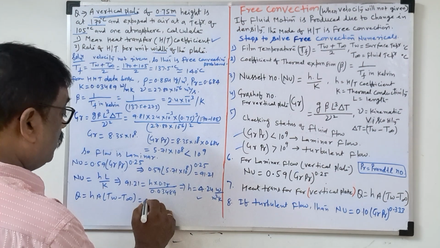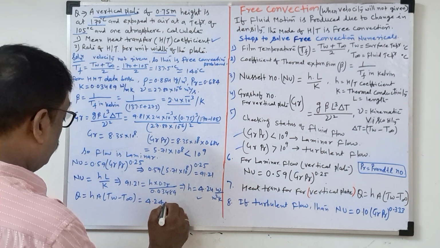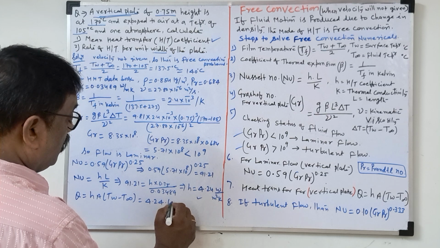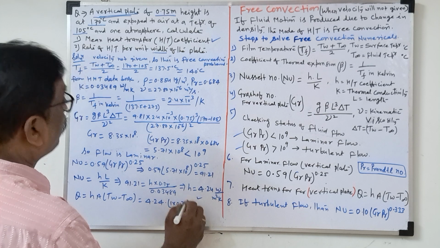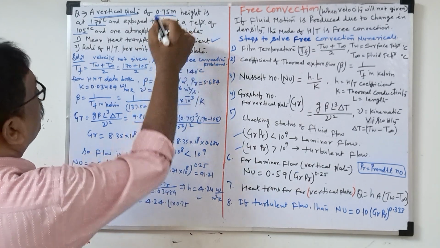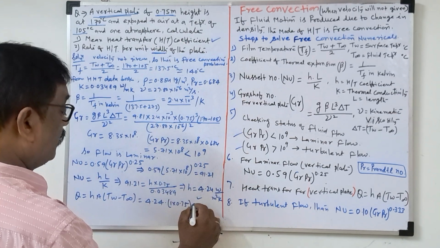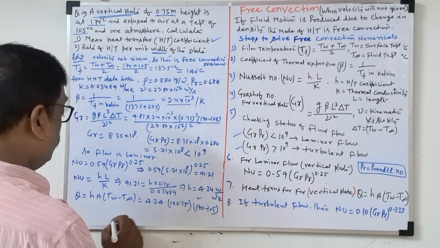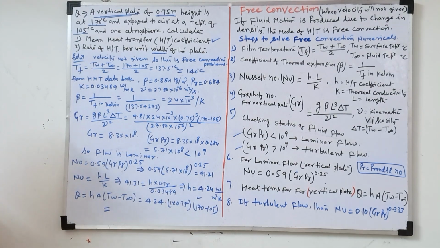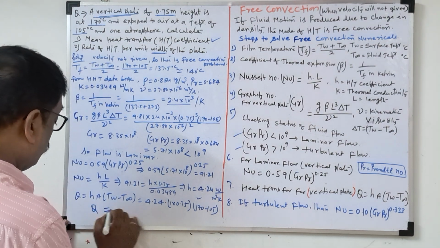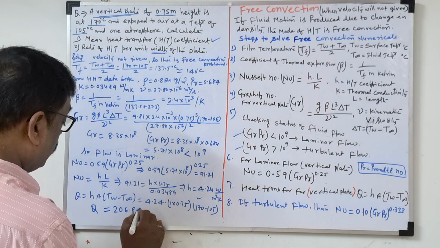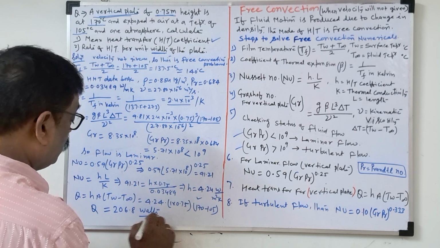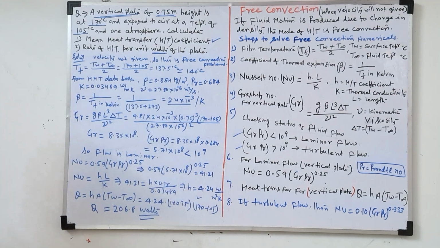If you write the h value 4.24 into area 1 into 0.75, per unit width they given and length is 0.75, then 170 minus 105. This value will come 206.8. So Q is equal to 206.8 watts. They are asking the heat transfer rate per unit width. So this is the solution for that question.